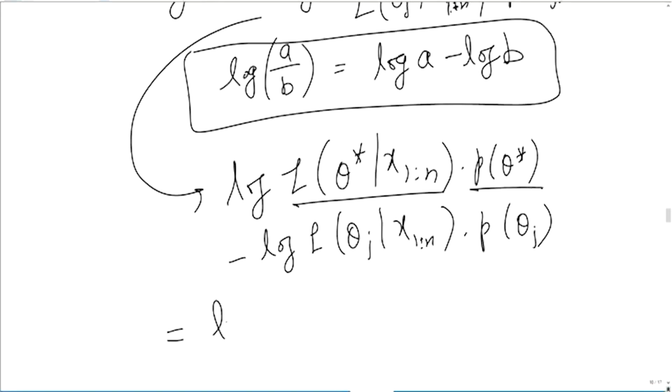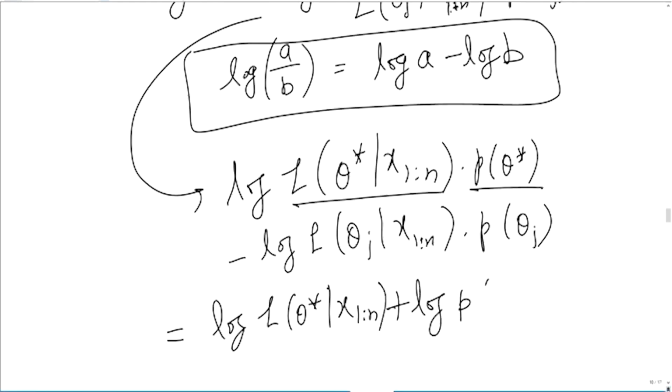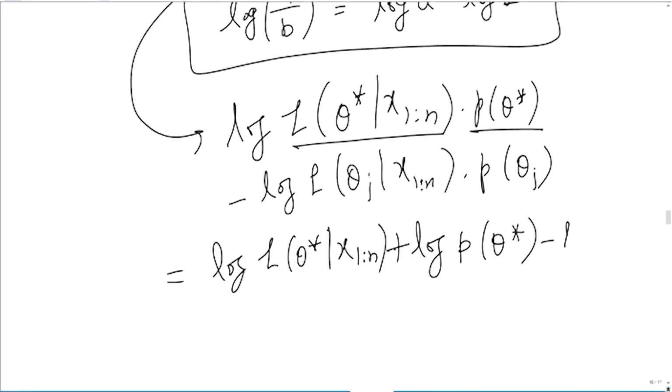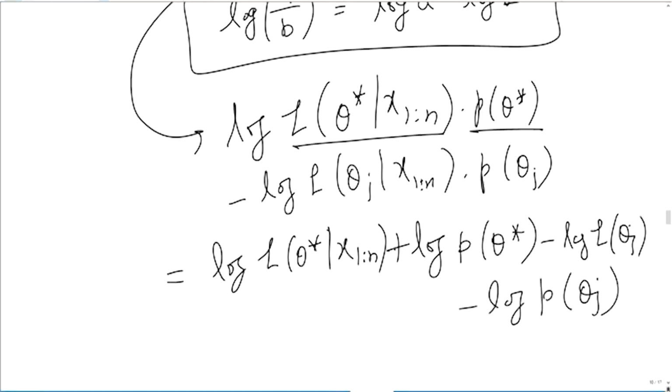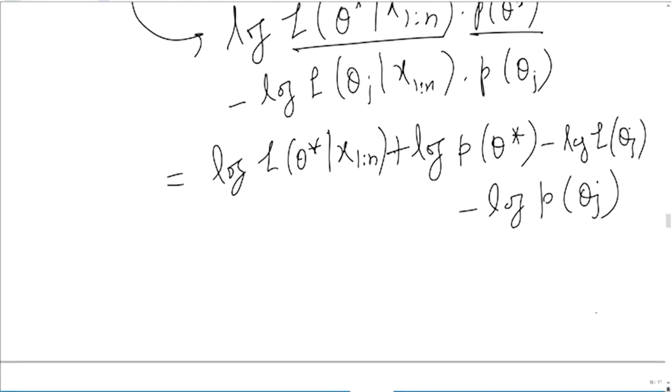So we can rewrite this statement as log of joint likelihood of theta star plus log of prior density of theta star minus log of joint likelihood of theta j minus log of prior density of theta j. Okay, so this is what we get. This will give you log of h, and later on you can also take its exponent.